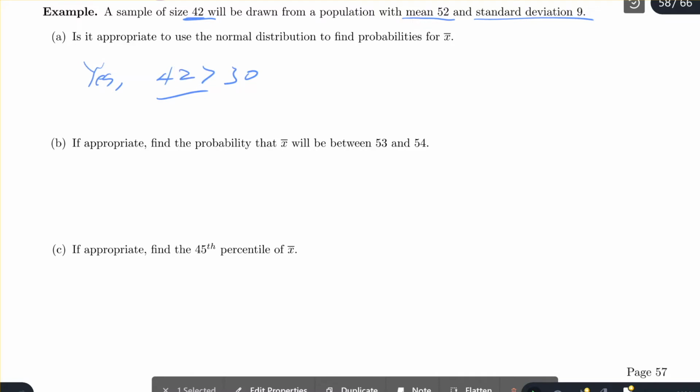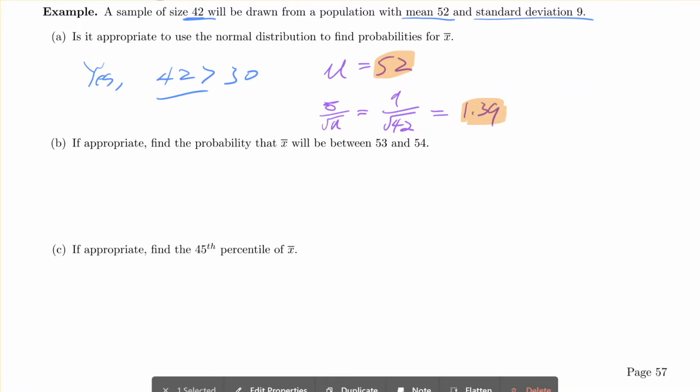When I do this problem, I suggest finding the mean, which is 52, and also calculating the standard deviation, which is 9 over the square root of 42, which gives us about 1.39. These are the mean and standard deviation we work with to find the z-scores for these problems.